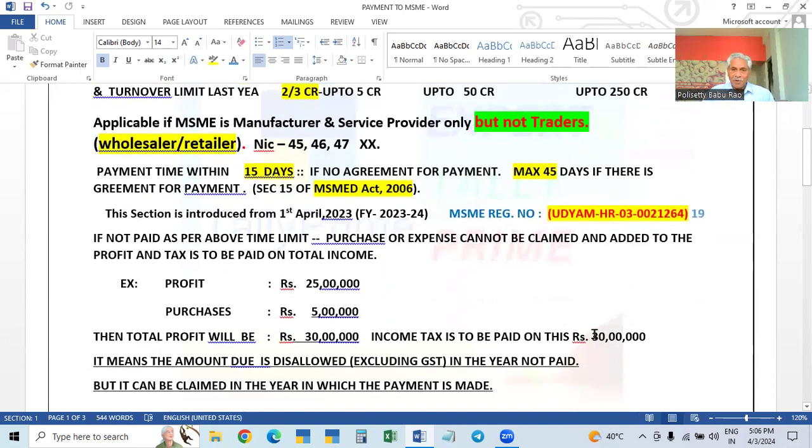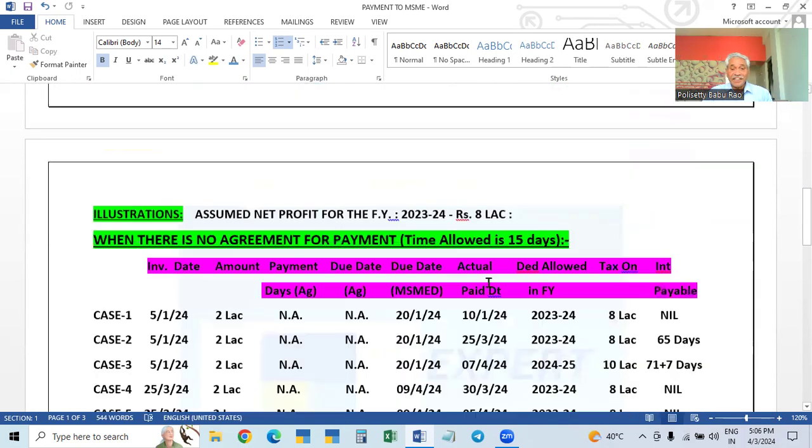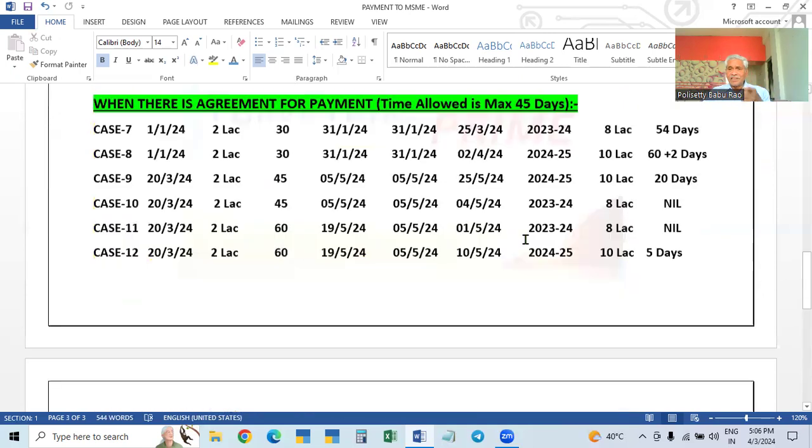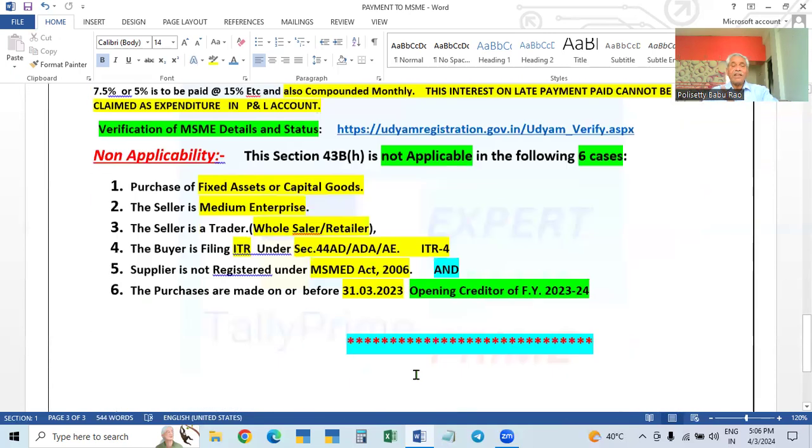If there is a balance payable to creditors for purchases made before 31st March 23, that is in the last financial year, that will be the opening balance for financial year 23-24. If the purchase or expenses were incurred on or before 31st March, the act had not come into force on that date. That is why this section is not applicable.